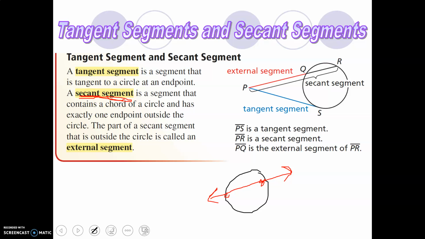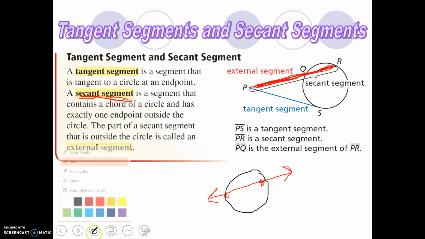So let me go ahead and read that definition for you. A secant segment is a segment that contains a chord of a circle and has exactly one endpoint outside the circle. So as you can see right over here, this is what we would call a secant segment.